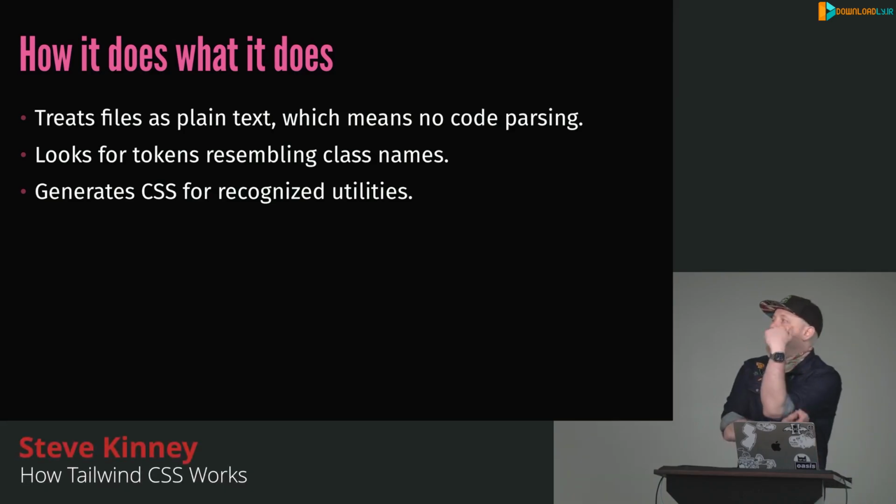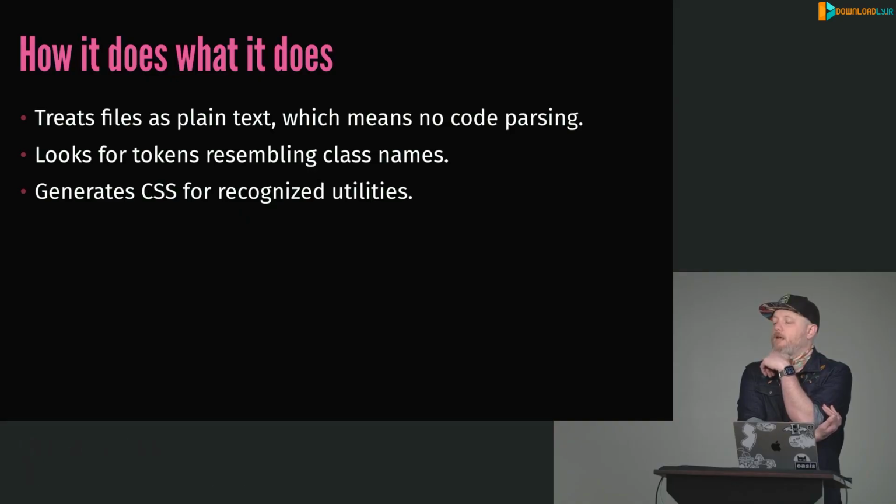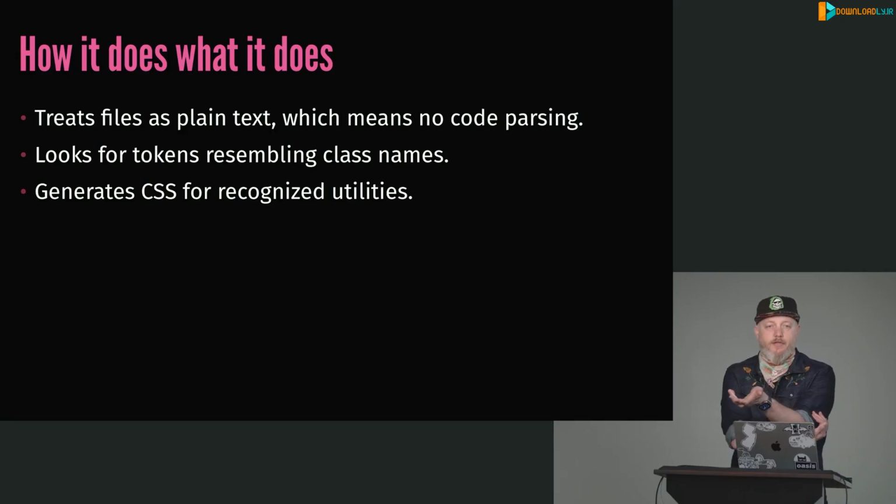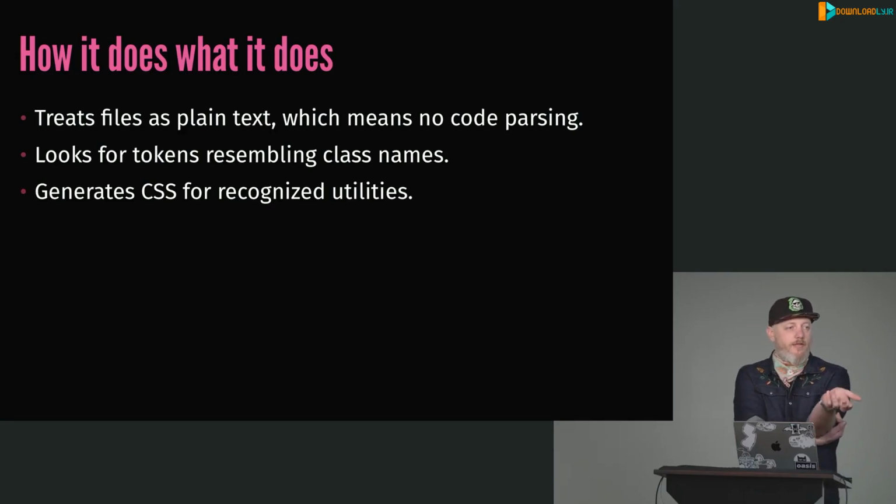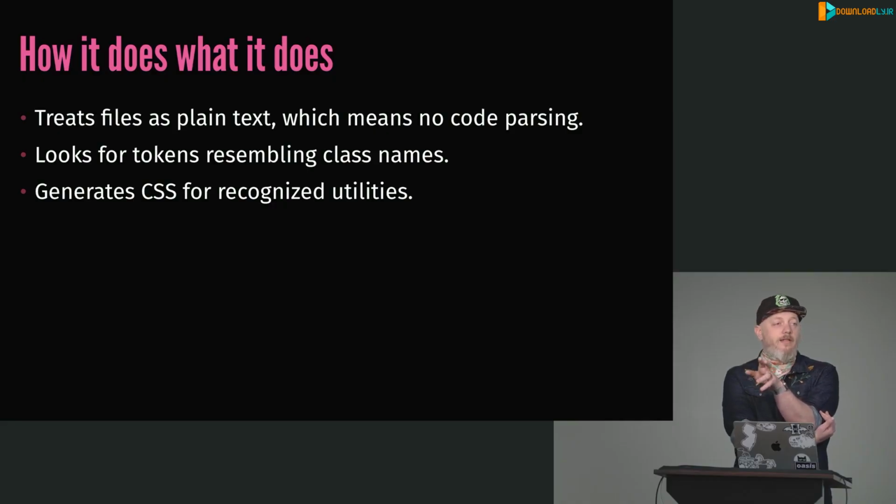Like I said before, there are some things to think about when it comes to using Tailwind, knowing that it's ripping through all these files and figuring out what classes you are using and not using. Is it important that you understand every nuance of how Oxide does that? Absolutely not. Is it important that you understand the three-sentence version? Yes.